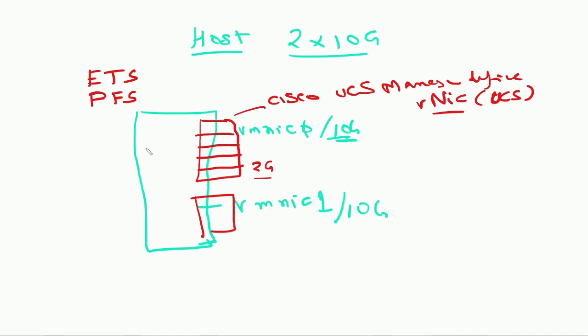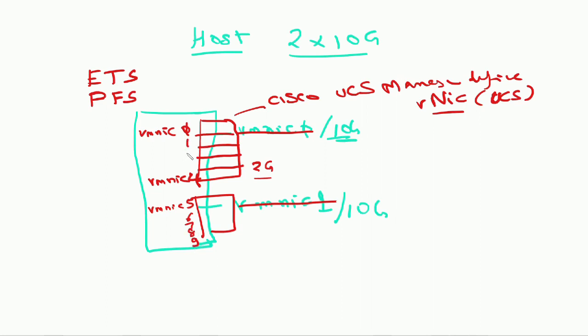Now to the ESXi host, these actually look like VMNICs. So no more is it just 2 VMNICs. In this case, you're looking at VMNIC 0 through VMNIC 4, and this would then become VMNIC 5, 6, 7, 8, and 9 for a total of 10.